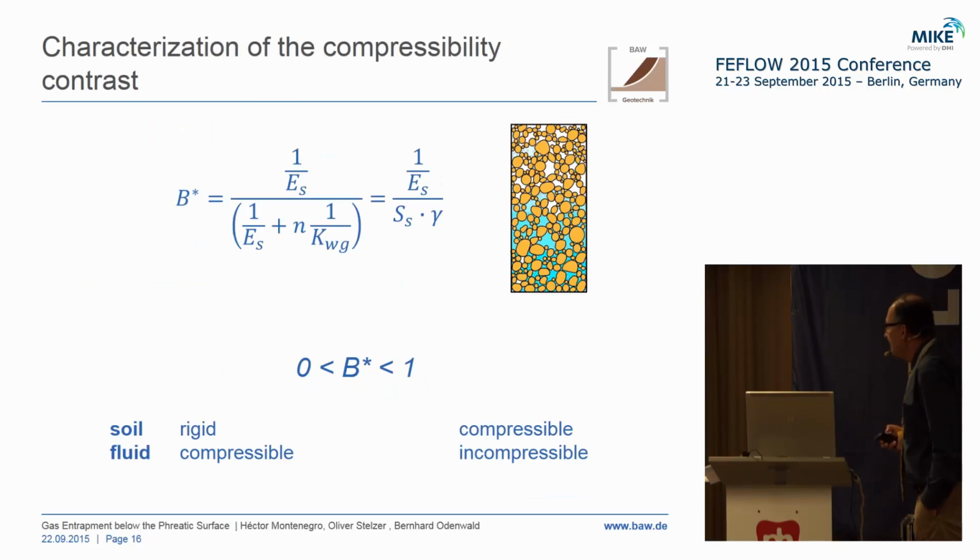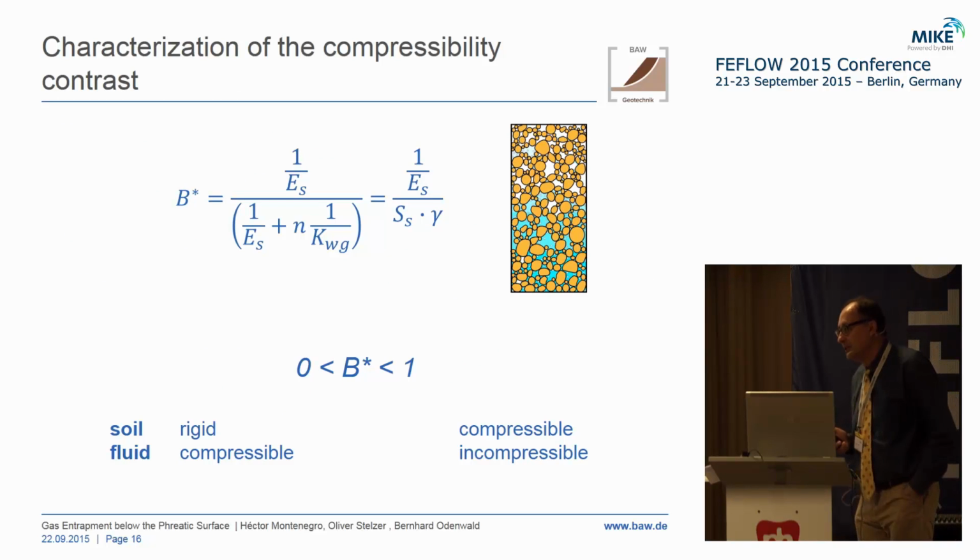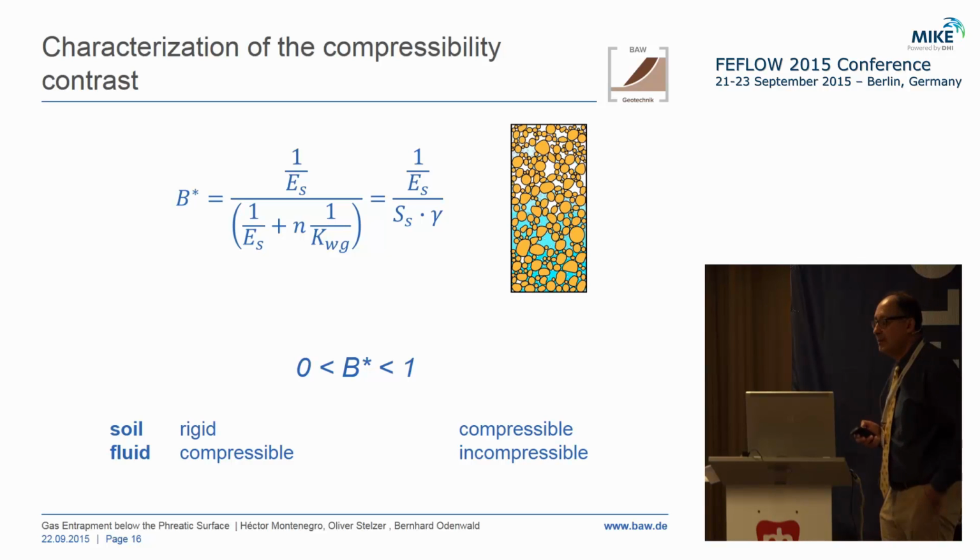There is a parameter called the Skempton B parameter, which is well known in geotechnical engineering. This Skempton B parameter is a good dimensionless parameter to consider the difference between the compressibility of the soil and the compressibility of the fluid.